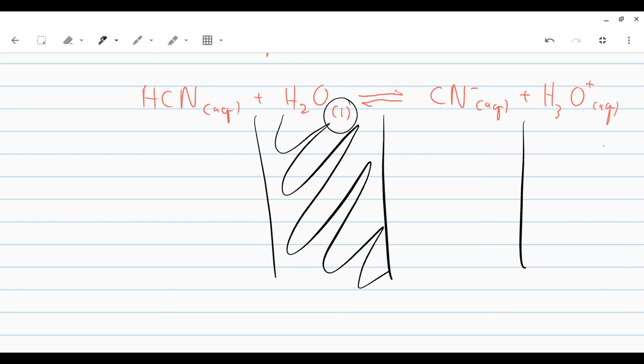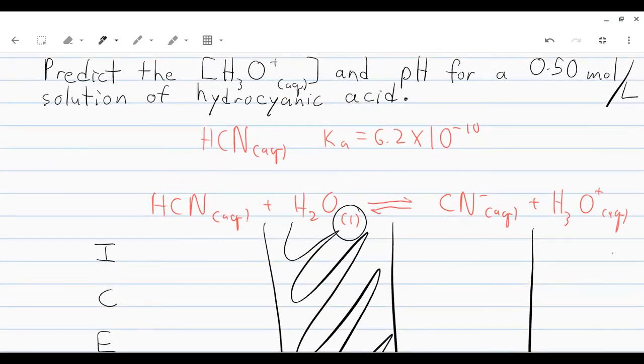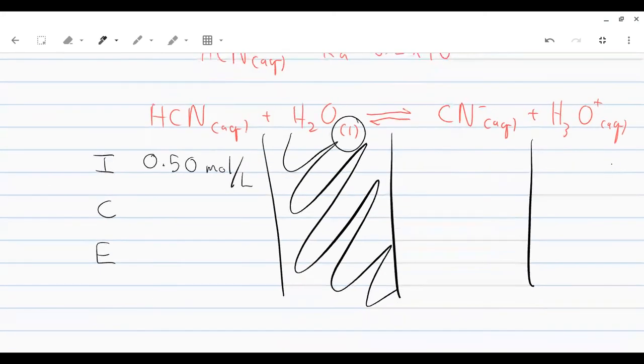So our initial concentration, our change, and our equilibrium are what we need. Initially, the concentration of the hydrocyanic acid is half a mole per liter. Because nothing else is explicitly listed, each of these will be 0 moles per liter.